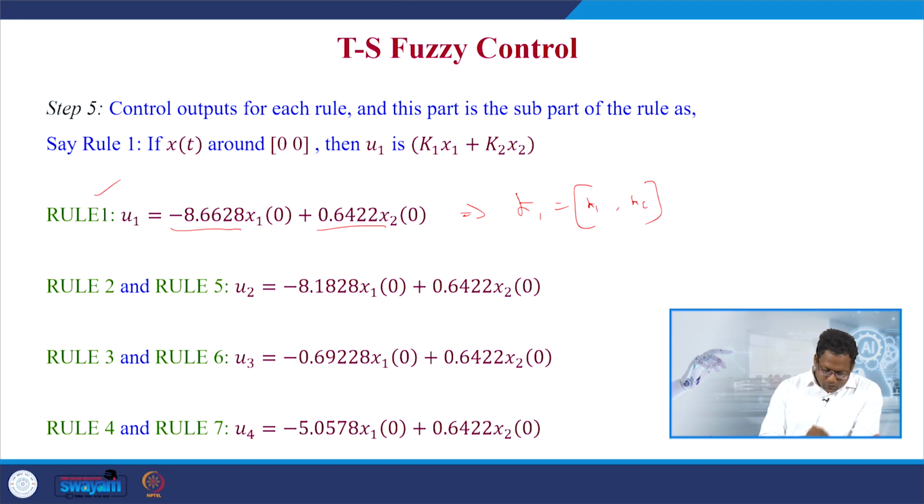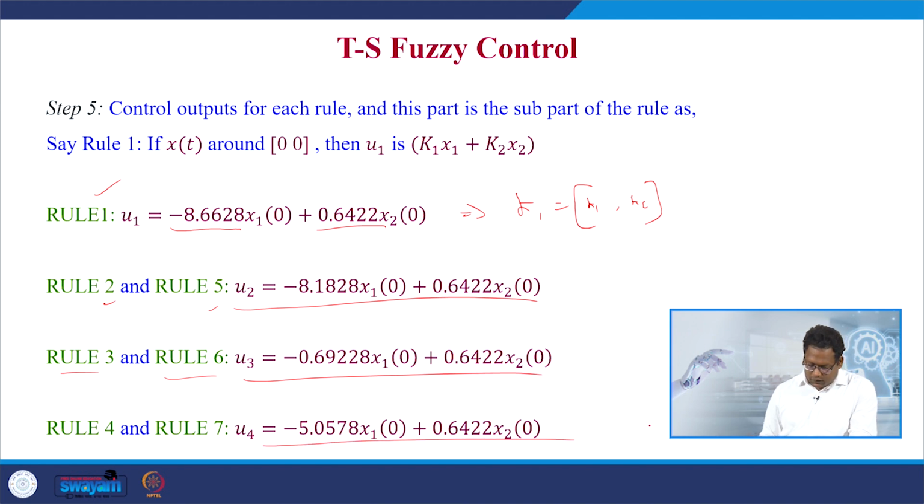Likewise, rule 2 and rule 5 have the same k, rule 3 and rule 6 have the same k, and rule 4 and rule 7 have the same k. So, we got accordingly the values of the control signal, or the output signal, for each rule.